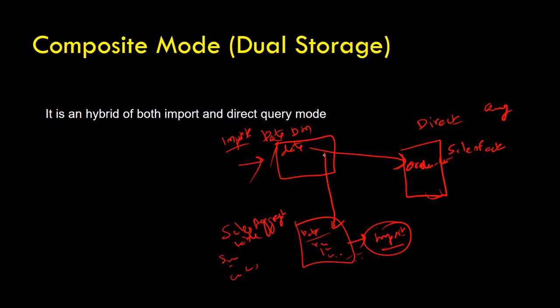But if you use the import mode, you are joining these two tables and getting the sales amount by order date. In that case, this date value will get propagated here.